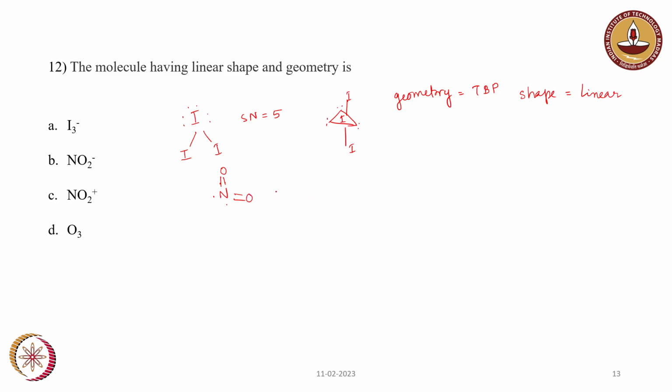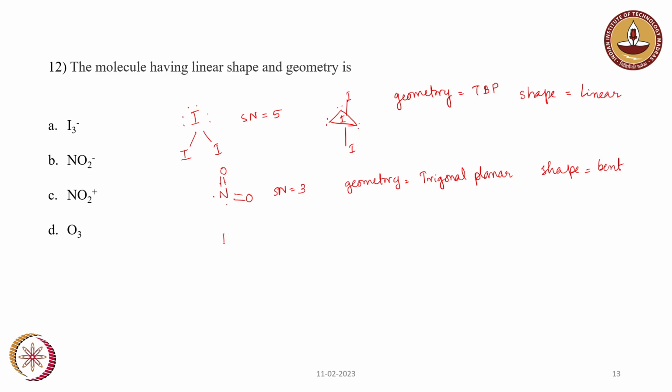So it's a steric number of 3, one lone pair and two bond pairs. So the expected geometry is trigonal planar, and shape is bent.